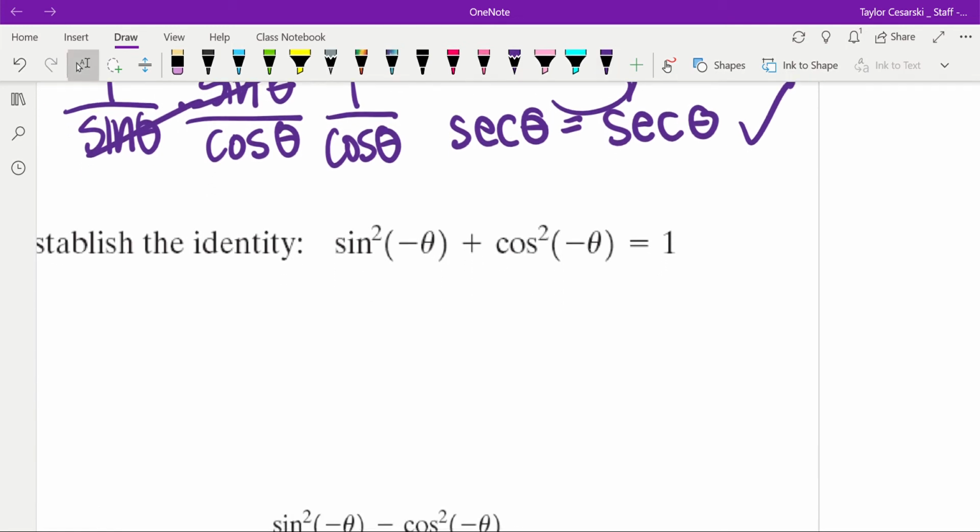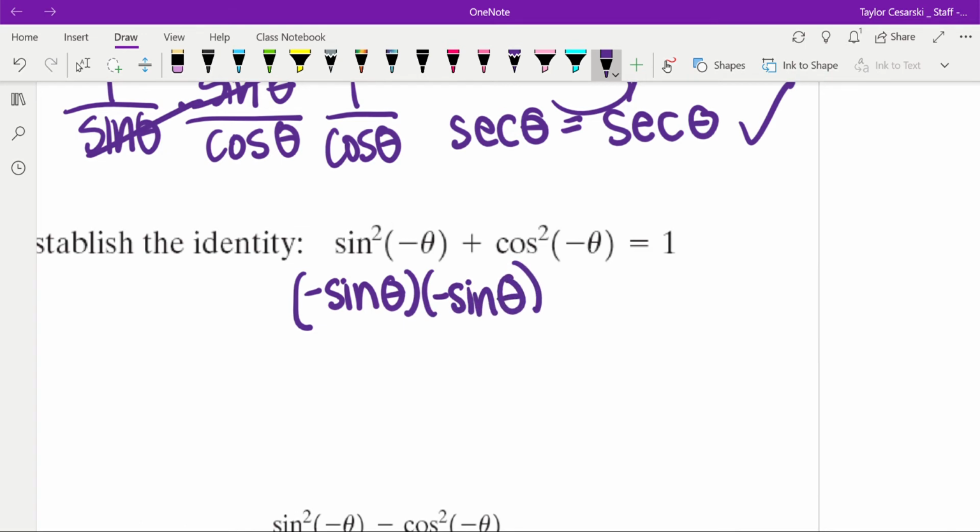Next one is sine squared of negative theta. Sine squared of negative theta is just the same as negative sine of theta, and this is because sine is odd, times negative sine of theta, plus cosine of theta and cosine of theta.